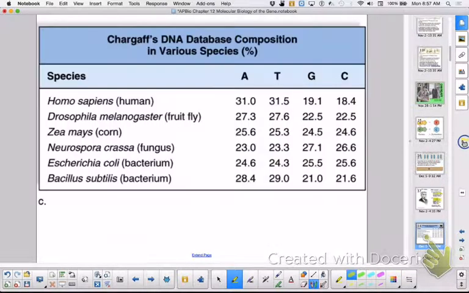If you take a look at this chart, Blue is going to explain to you what this chart means. Go ahead, Blue. Look at the chart.